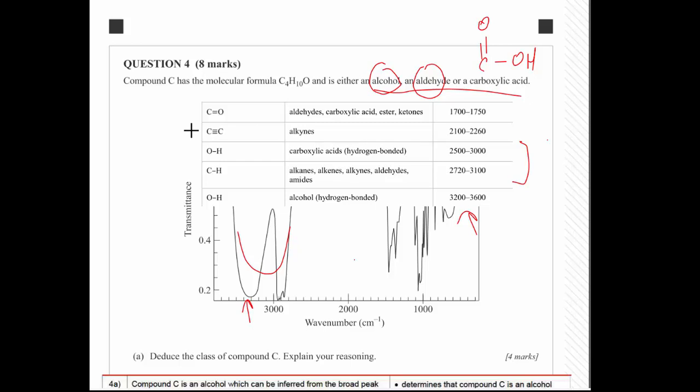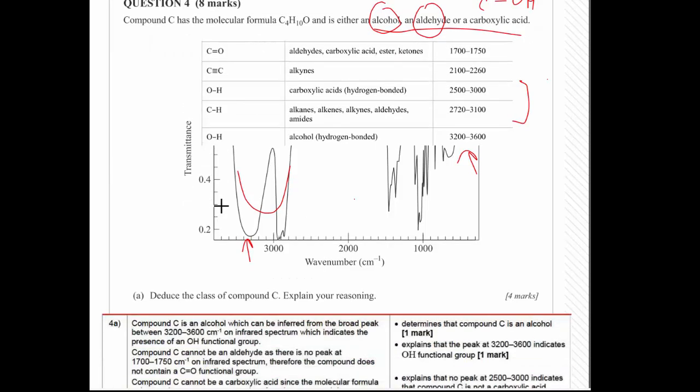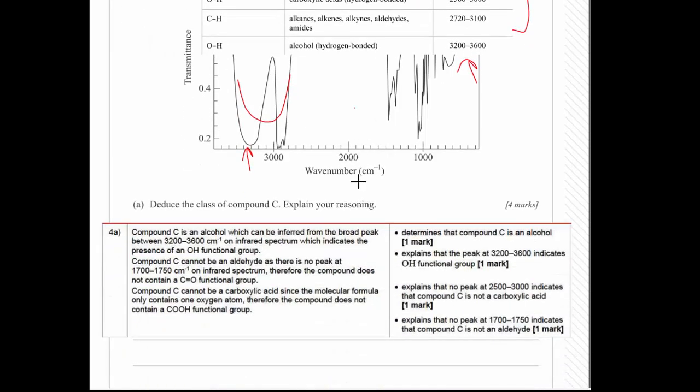Not much else to be said besides that. So that's fairly straightforward. Alcohol by this peak, alcohol by that peak, fine. There's no peak there for carboxylic acid. Yeah, that's a little bit annoying. It's also said that there, that's not inferred from a mark there.